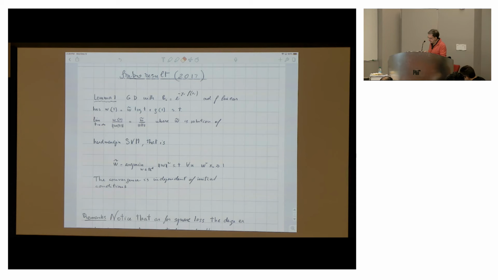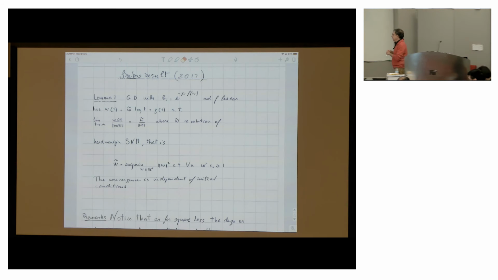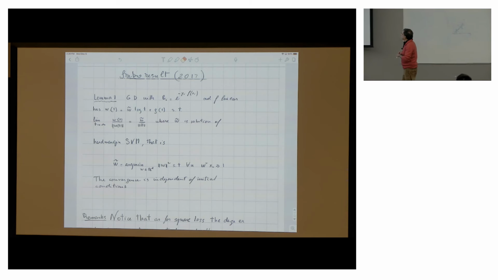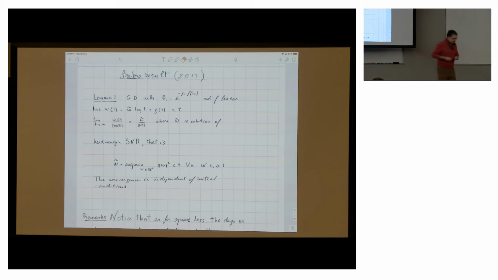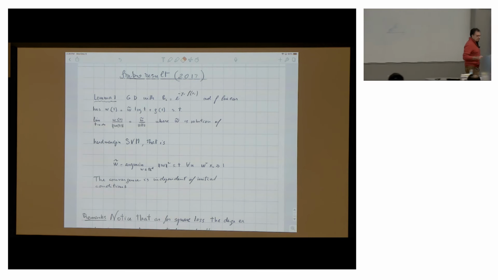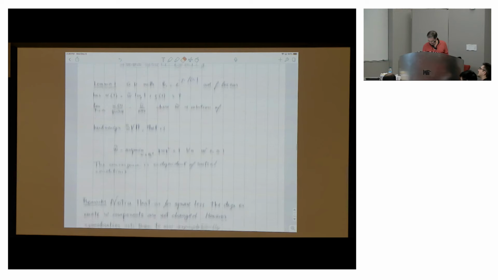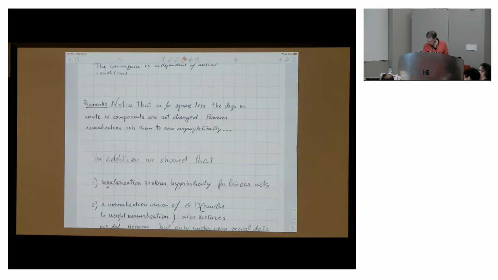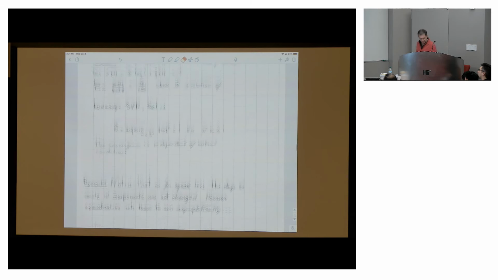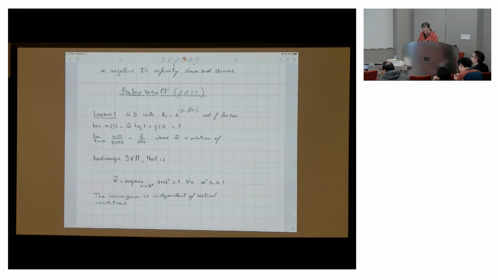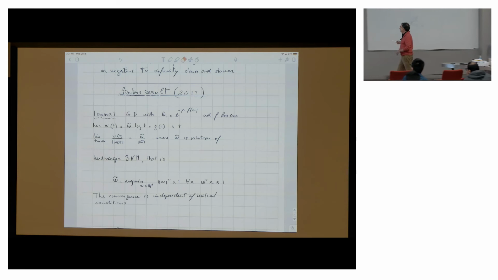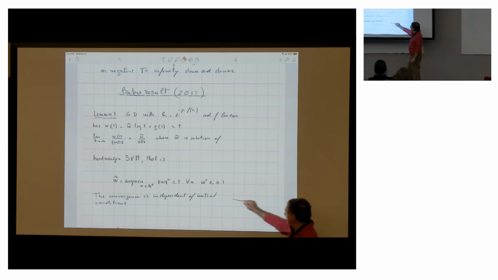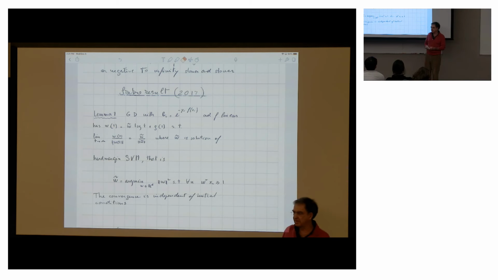So this result is pretty involved in terms of how it's derived. The intuition, well, we can see the intuition in a simple way here. The interesting point in this proof is that this convergence, this point here, is independent of the initial conditions.